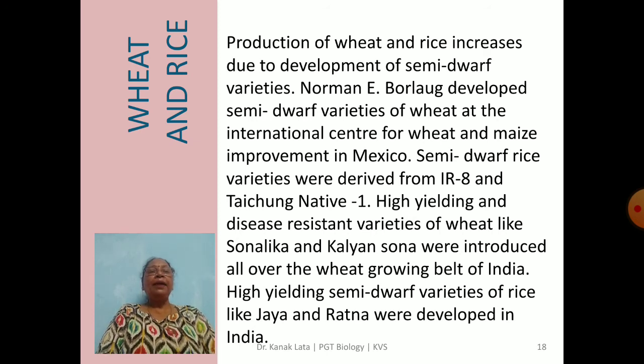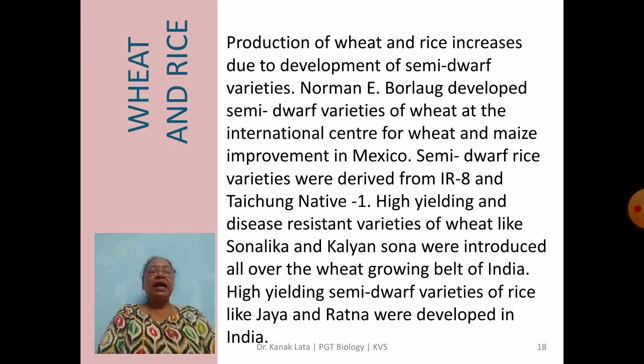For this, Norman E. Borlaug developed semi-dwarf varieties of wheat at the International Center for Wheat and Maize Improvement in Mexico. And side by side, semi-dwarf rice varieties were derived from IR8 and Taichung Native 1.